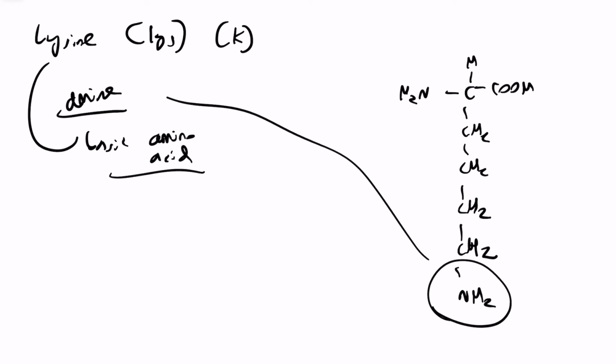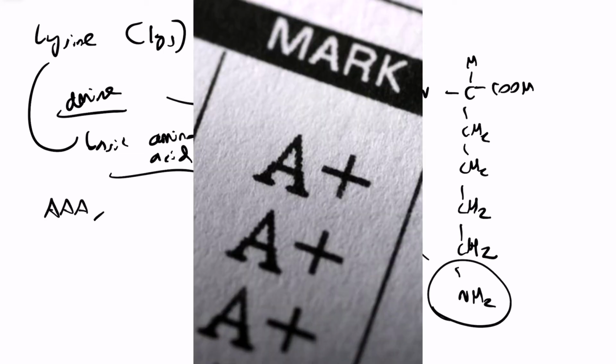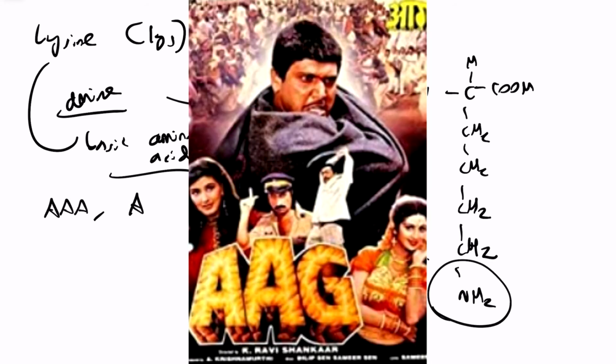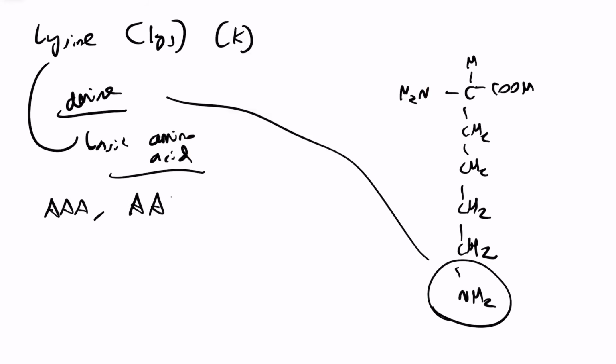Okay, so its codons are basically pretty decent A-level grades, and the name of a Bollywood film from 1994. So they're the 2 codons for it. And it has a pretty important post-translational modification, at least it undergoes methylation quite frequently.